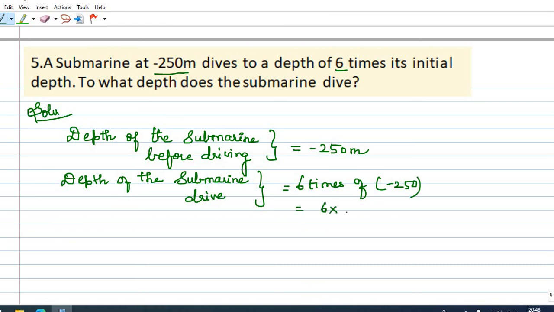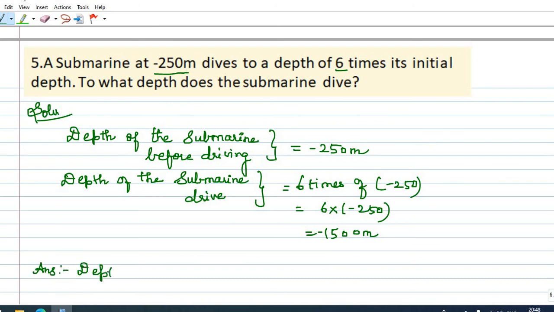So 6 into minus 250. So multiply this. 6 zeros are 0, 6 5s are 30, 0 and 3 carry over, 6 2s are 12, 12 plus 3 is what? 15. And plus into minus is what? Minus. What is the unit? Meter is your unit. Now write the answer.